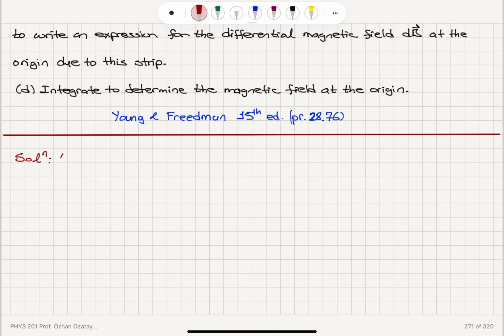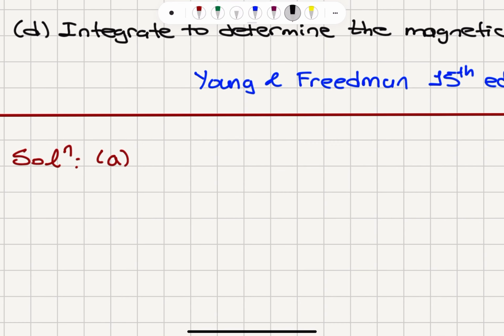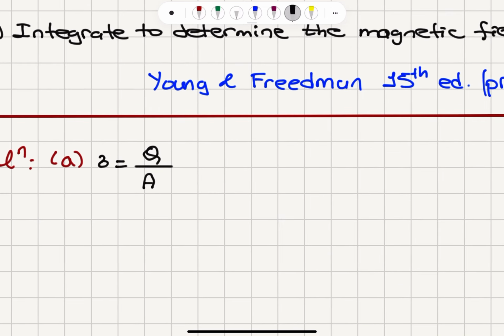The surface charge density sigma is the total charge stored on the shell divided by the surface area of the shell. So what is the surface area of this shell?